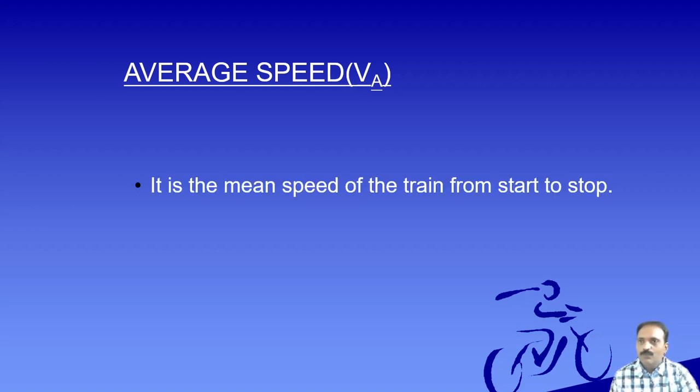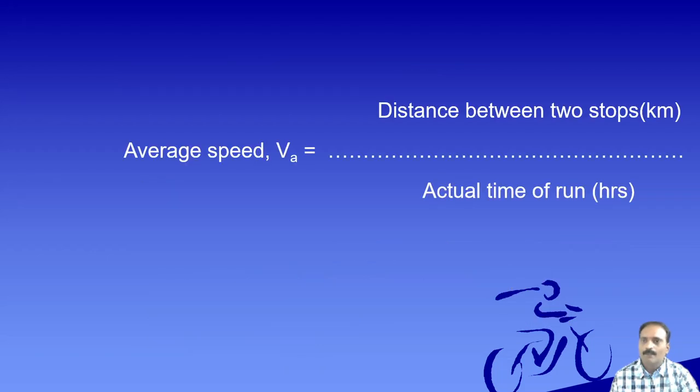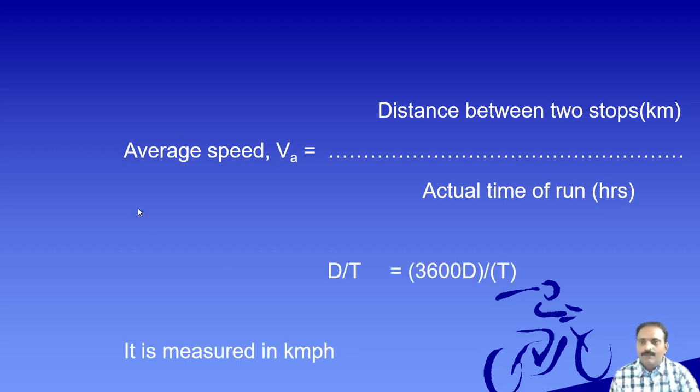So if you consider the formula for this, it is represented by VA measured in kmph, kilometers per hour. So VA will be equal to the distance between the two stops divided by the actual time of run in hours, which is equal to D by T. So here you can observe distance traveled divided by time.